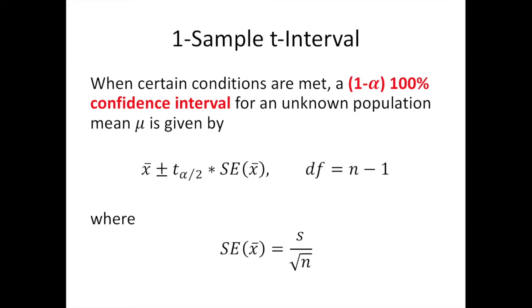This time it's t alpha divided by 2 instead of z alpha divided by 2. Now times a standard error. And remember, the standard error terminology really just means we're taking a standard deviation of a sampling distribution, in this case sigma over radical n, and replacing sigma with an estimate s.